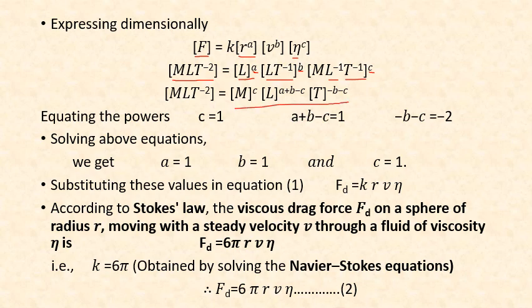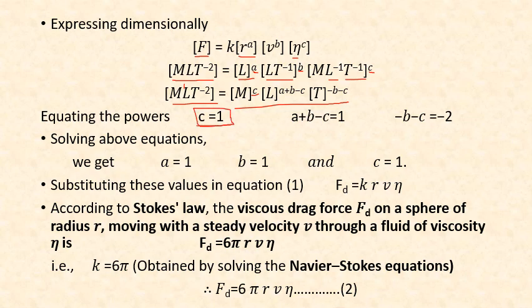Now the dimension of force is taken here. For both sides, the powers of the dimensions must be equal. Therefore, equating the powers on these two equations, we get c, which is here the mass power c. Here the mass is 1, so we get c as 1.